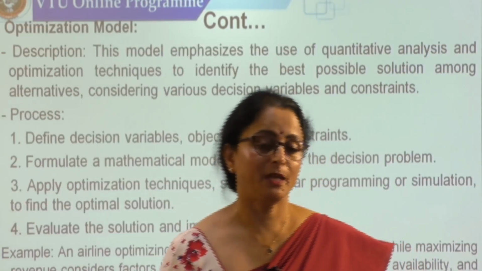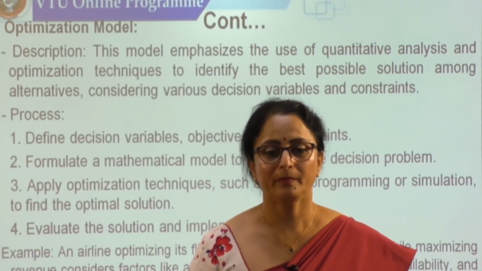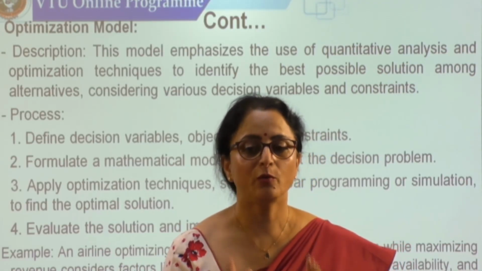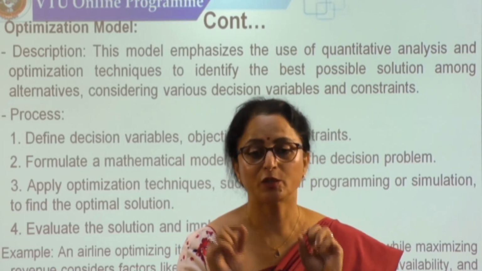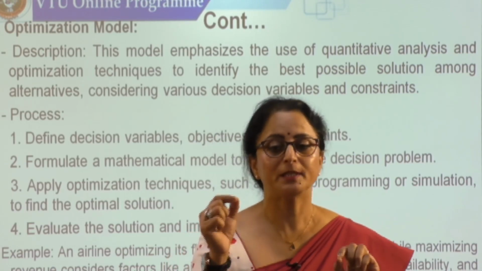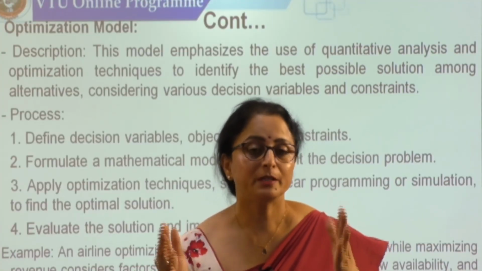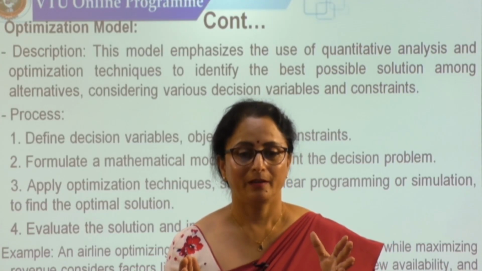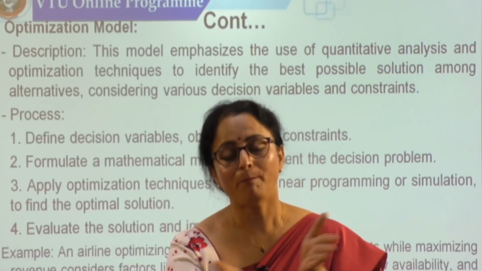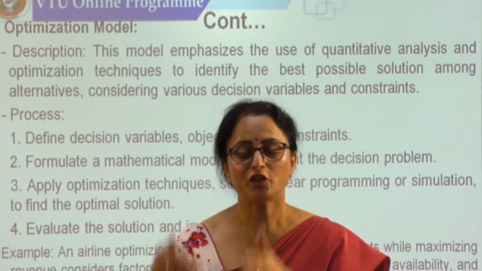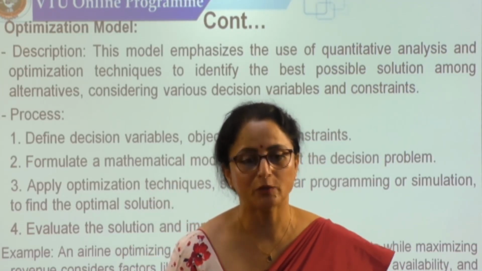Then we have something known as the optimization model. This model emphasizes the use of quantitative analysis and optimization techniques to identify the best possible solution among the alternatives. Like we have PERT and CPM. Through the PERT and CPM techniques, you try to find out the best way to reach a certain destination, taking into consideration the constraints.